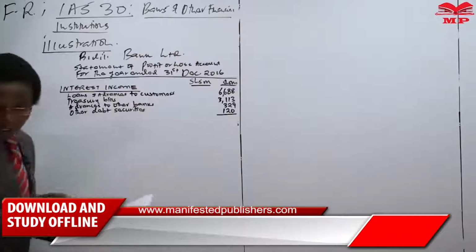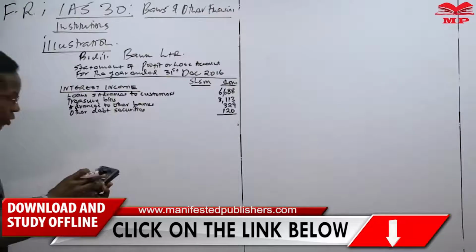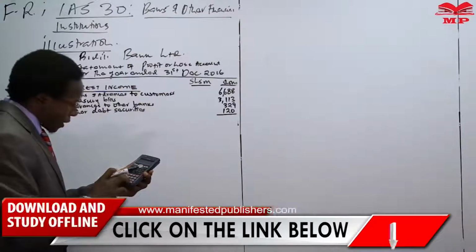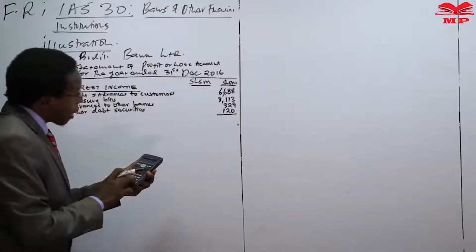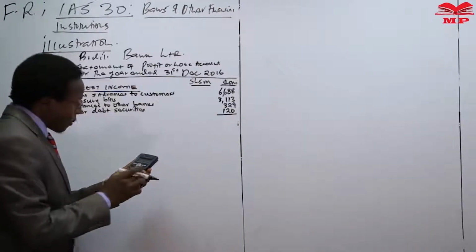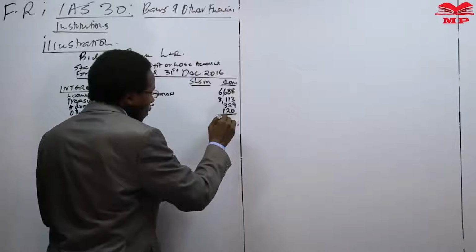At that point, I'll take my calculator and add those items: 6688 plus the 3,113 plus the 329 plus the 120. I'm getting 10,250.